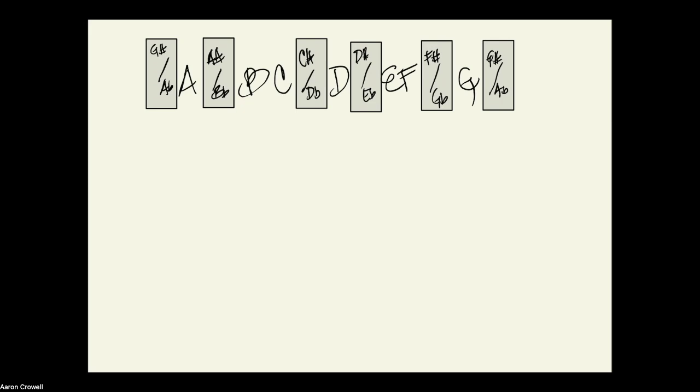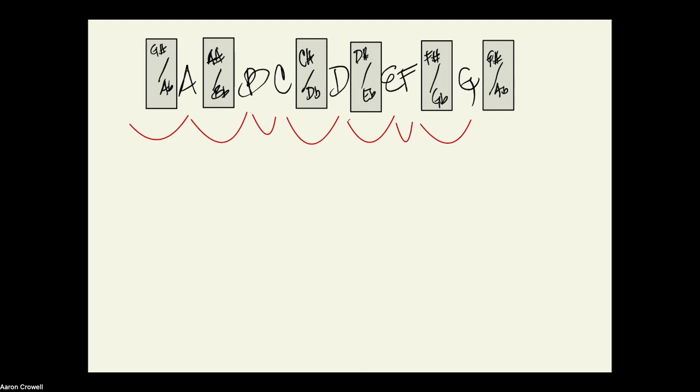Whole, half, whole, half. So we go C to D, gives me a whole step. D to E, another whole step. E to F is my half step. F to G, whole step. G going to A, whole step. A to B, whole step. And then finally B to C, it's my half step, right?